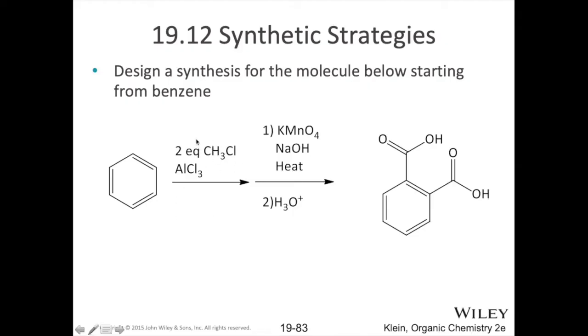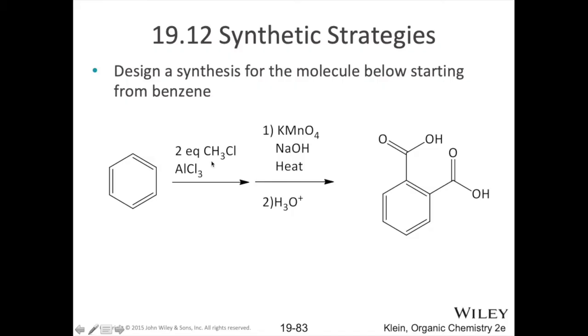You could use any alkyl group here because we're going to react at that benzylic position regardless. The only caveat here is you have to have a proton on that benzylic carbon. So you can't use a tert-butyl chloride, for example. Okay, so here we're using methyl chloride. It's probably the most efficient way to do it. Any carbons beyond that are kind of wasted.